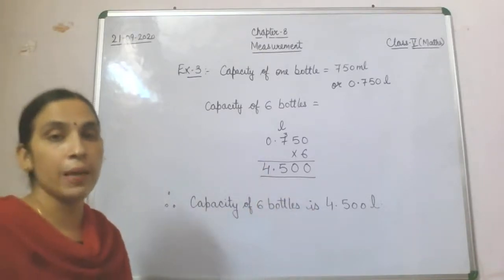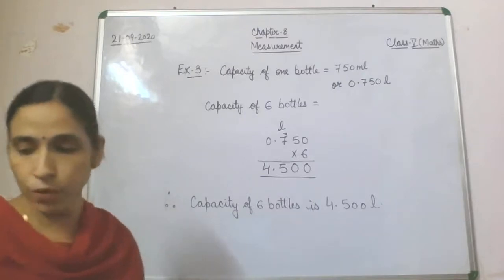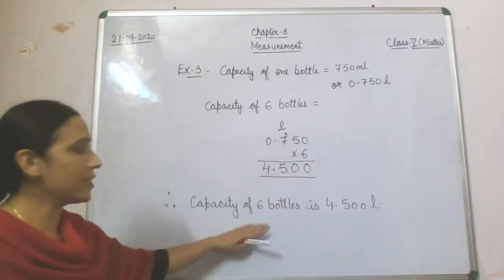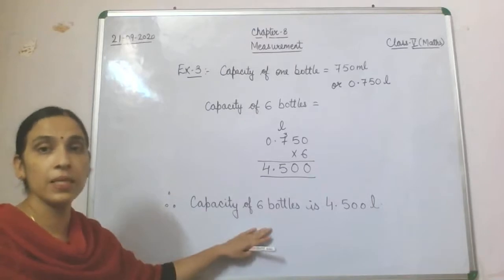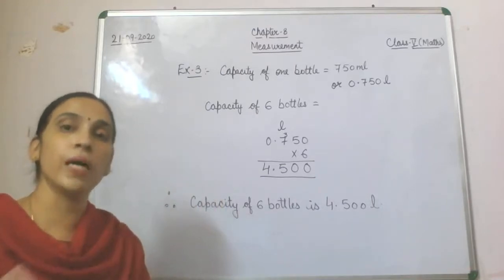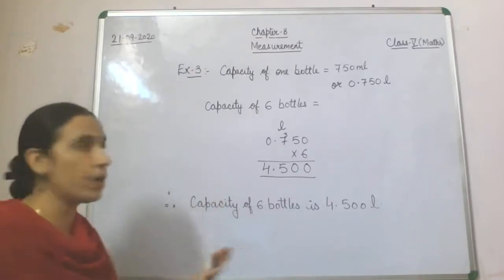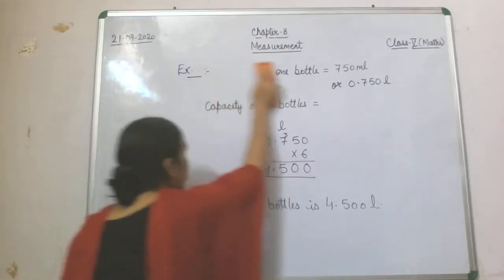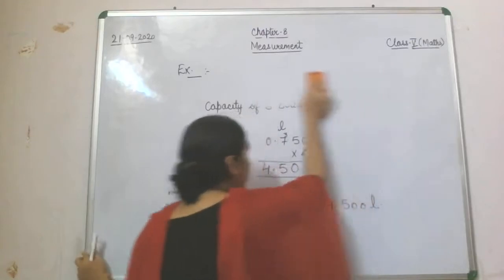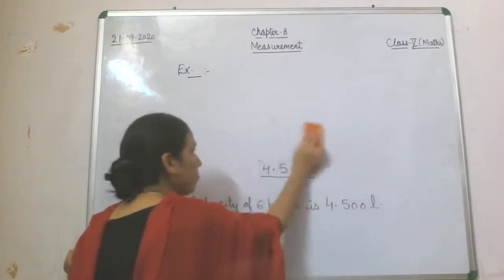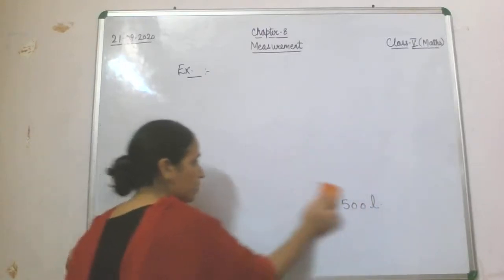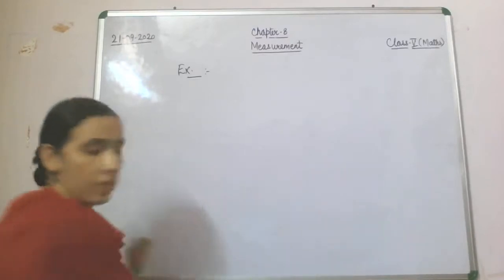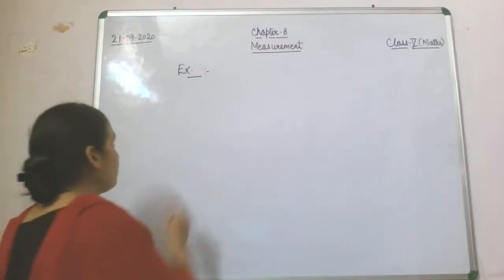Now come to example 4. Example 4 is related to multiplication, the concept of one and many. Let's see by which operation or operations we are going to find it out. Our fourth example.